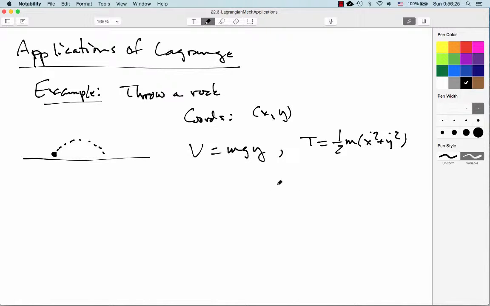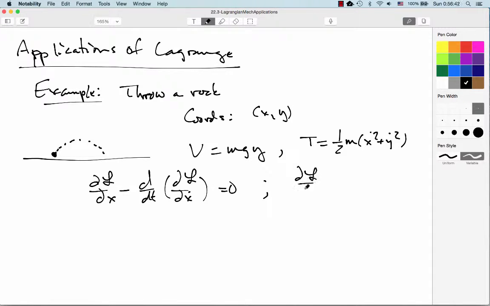All right, so the Lagrangian equations will be partial L partial x minus d dt of partial L partial x dot equals 0, and partial L partial y minus d dt of partial L partial y dot equals 0.